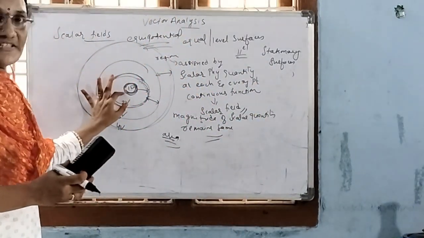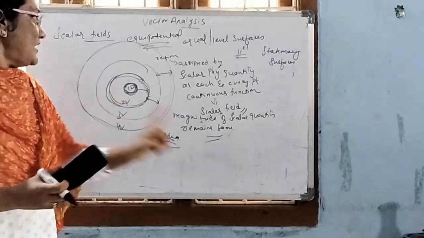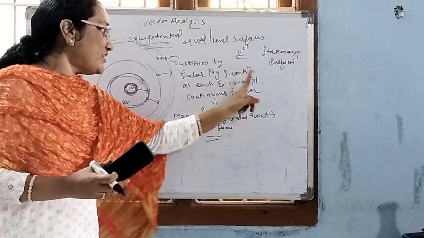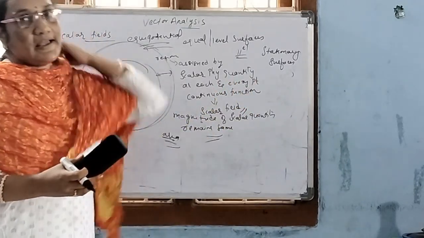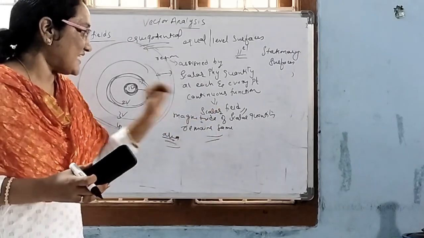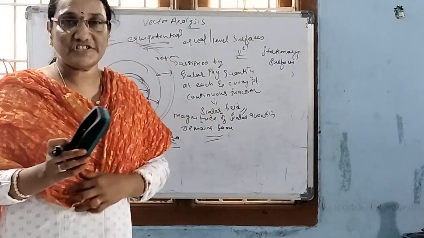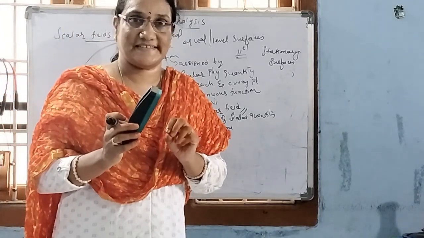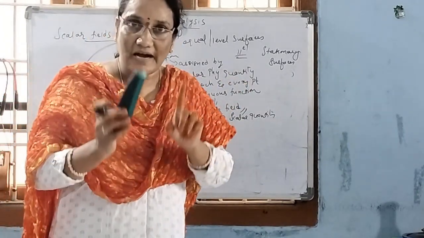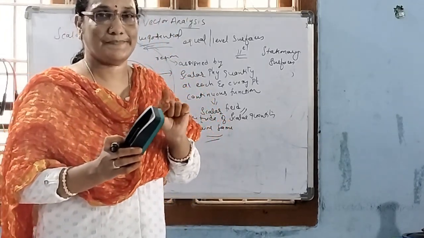So, this is about scalar fields. The first point: if a scalar physical quantity is assigned at each and every point as a continuous function, we call that region a scalar field. Such a scalar field consists of a number of surfaces. On each surface, the magnitude of the scalar quantity is the same or constant.